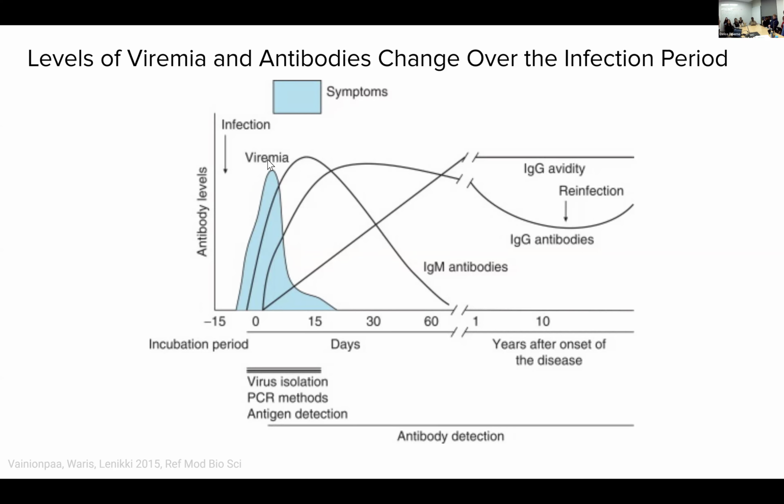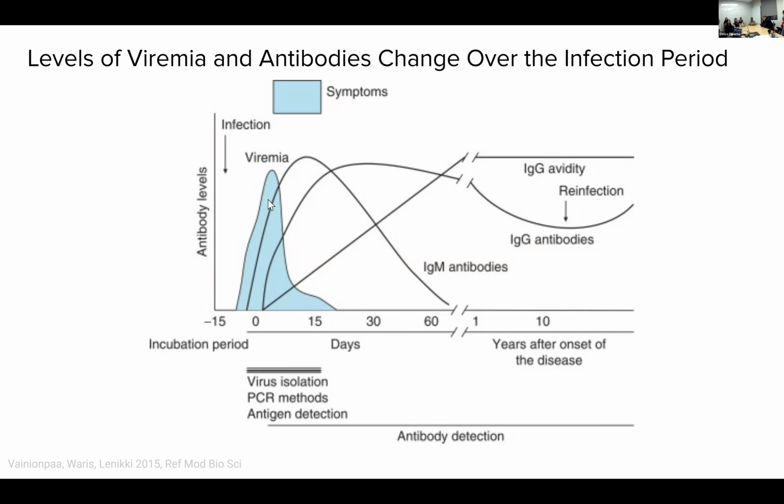They call it viremia, the level of viral particles you're infected with. So this is the level of viral copies that you have, but the black lines are the amount of immunoglobulin antibodies that you have, and that's your immune response.